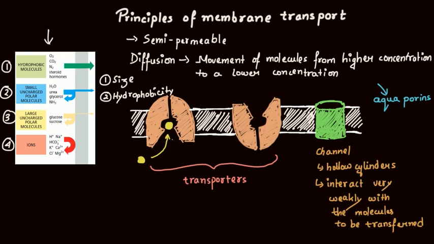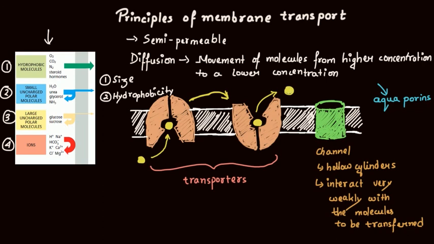Then it changes its conformation to a different one which faces the outside. And once this conformation is changed and it is facing the outside, this molecule can be released from the carrier or the transporter.